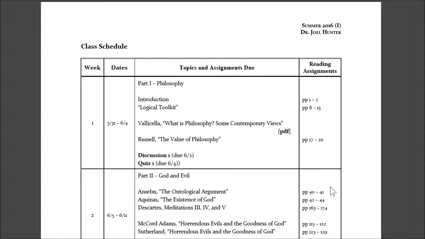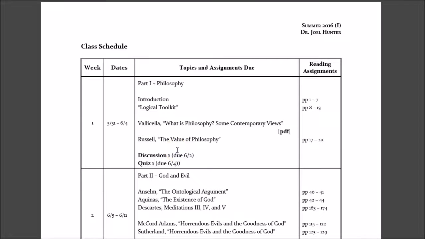Now you'll notice in the next reading, Russell, The Value of Philosophy, that this is a little feel-good essay to give you some idea of why this course is worth your time, and why working through our sometimes difficult readings is valuable in itself.